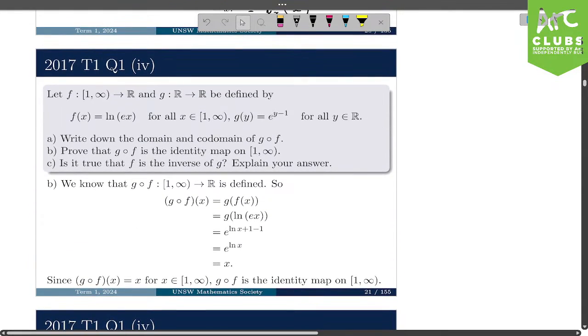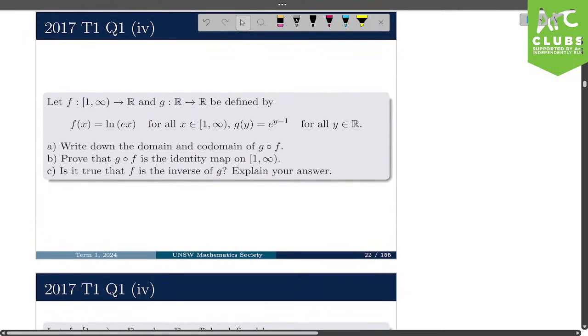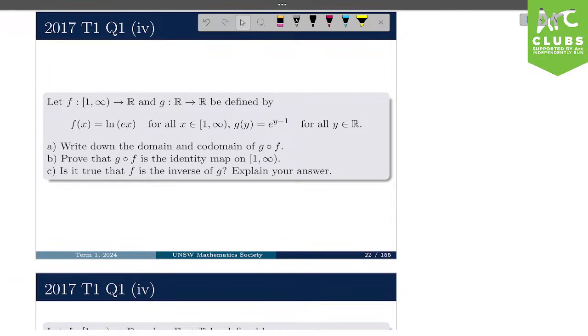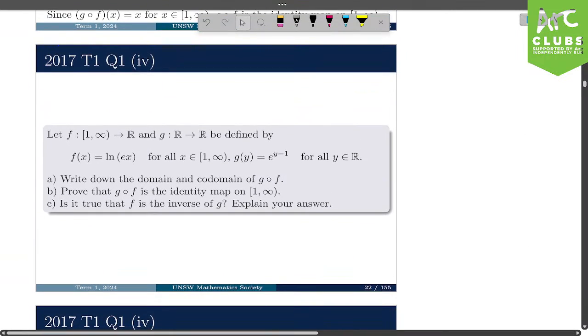All right. And for the last part, we're asked if it is true that f is the inverse of g, right? And we do need to recall what we learned before, that f is the inverse of g if and only if f composed g is the identity map, okay?